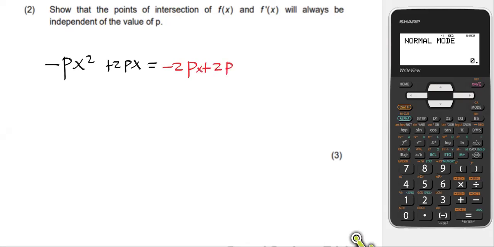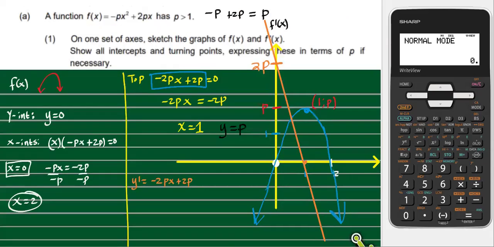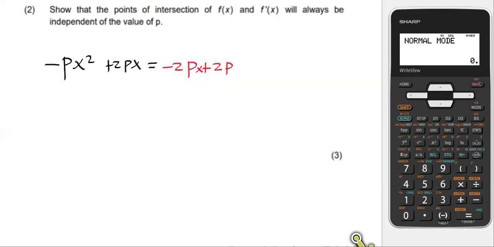So when we do that, you can divide everywhere by p. The p will be gone, gone, gone. You're left with minus x squared plus 2x equals minus 2x plus 2.